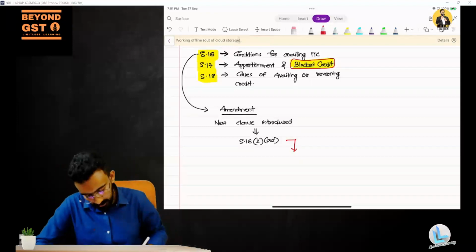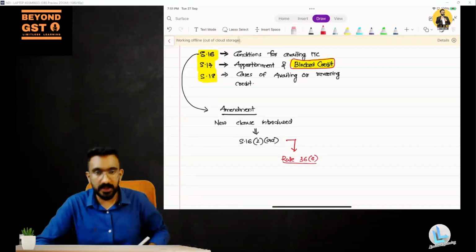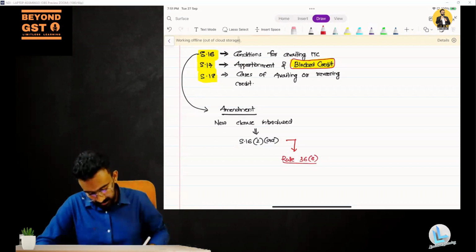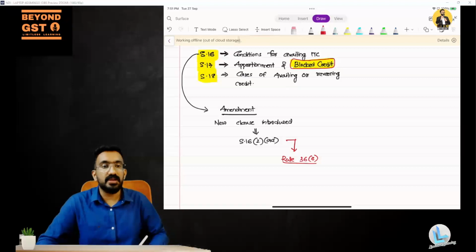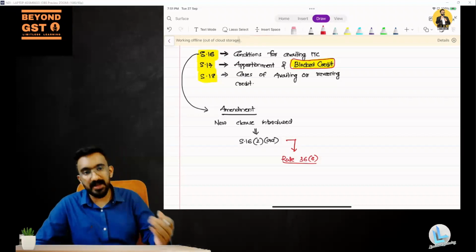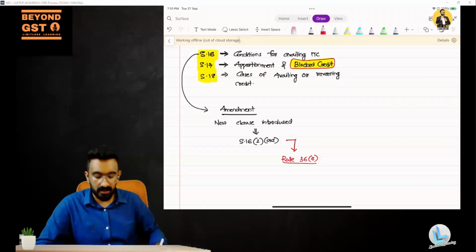If you remember, there was a rule, rule 36(4), which talked about how much credit a person can take when it is not reflected in their GSTR-2A or 2B, or when the supplier has not uploaded the invoice details in their GSTR-1.